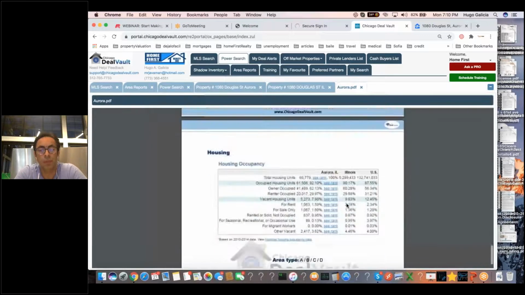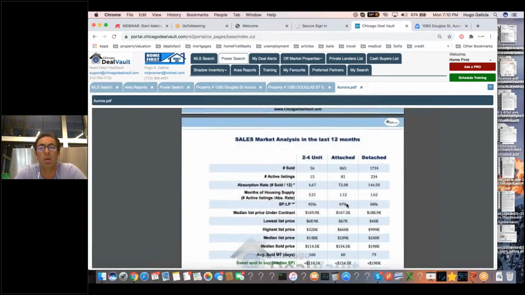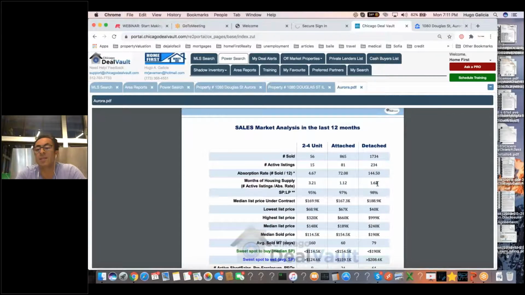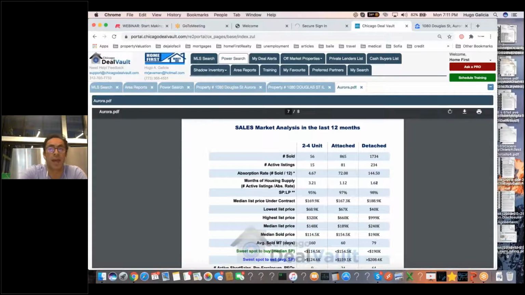So I'm going to scroll down right here to the sales market analysis. Months of housing supply for a single family home is 1.62, which is really good. What it means is that it only takes about a month and a half for you to sell the property. So market time, month and a half.